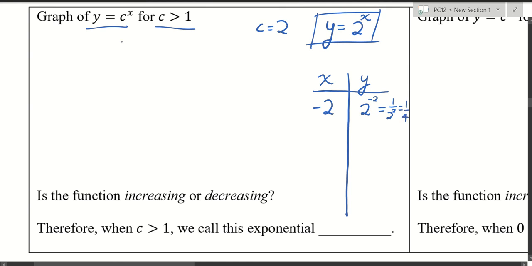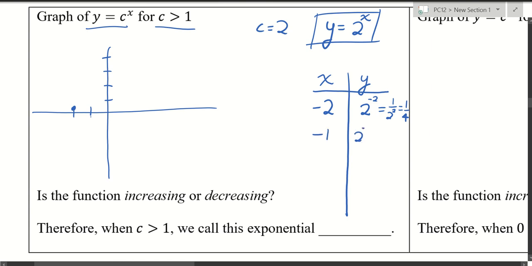If we were to graph this result on an x and y axis, when we plug in negative 2, we only really get 1 over 4 as a result. So a pretty small number. Let's plug in negative 1.